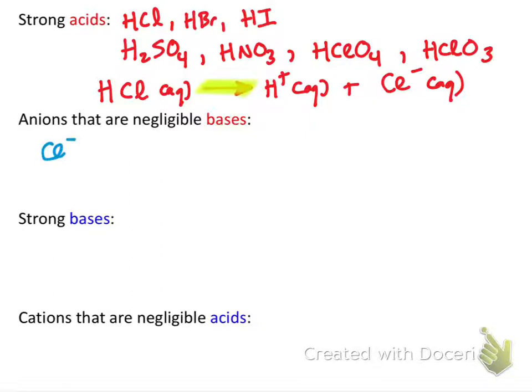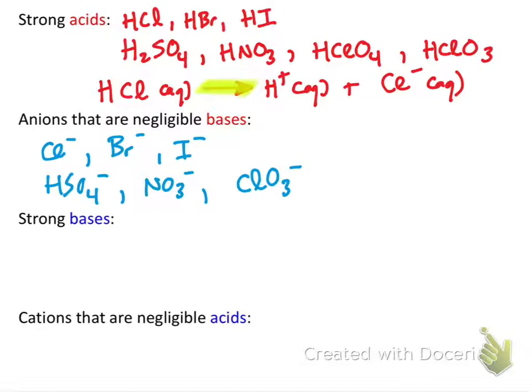It's Cl minus, Br minus, I minus, HSO4 minus, NO3 minus, ClO3 minus, and ClO4 minus. They're all the conjugate bases of strong acids, making them negligible in aqueous solution.